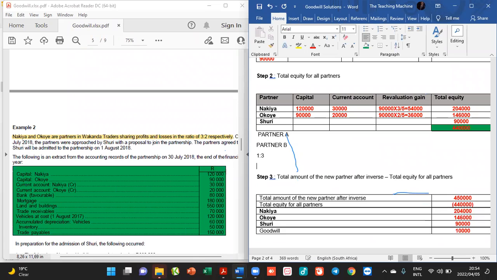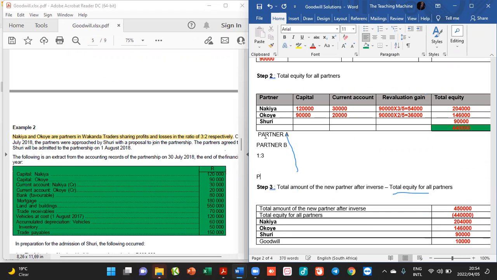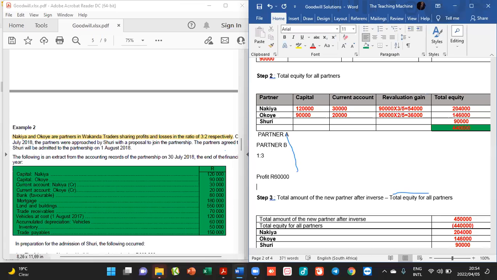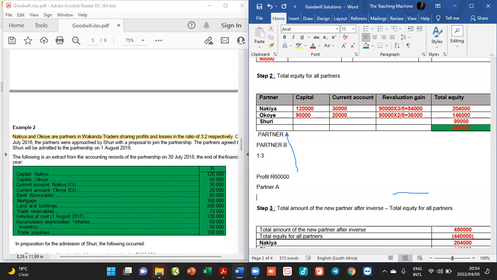If the profit is 60,000, how are we going to share this profit amongst partners? For partner A, we'll say 60,000 multiply, remember, 1 goes to partner A, 3 goes to partner B, so 1/4. Where did we get 4? 1 plus 3 is equal to 4.